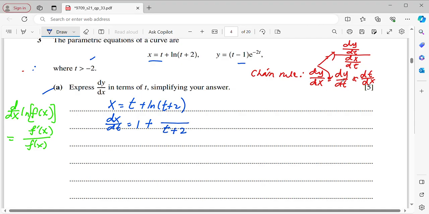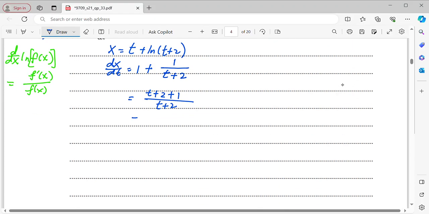Then the numerator is the differentiation of t plus 2, which is 1. Then from here, I need the same denominator, which is t plus 2. So (t plus 2) multiplied with 1 is t plus 2, then plus 1, the existing 1, and at last you will be getting (t plus 3) over (t plus 2). So this is our dx/dt.